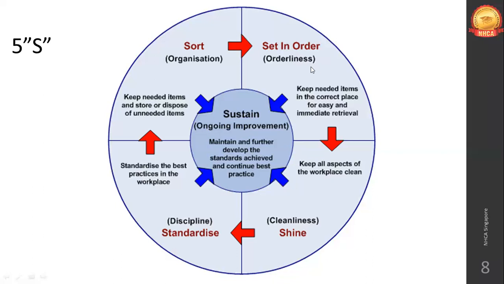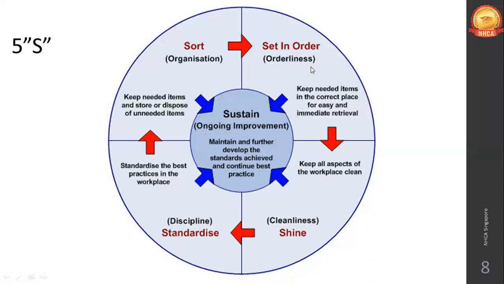Next is set in order. So now you are left with only the files that you actually require. In the past 3 years, however many inpatients you had, only those files are remaining with you. But again, you have to set them in order, year wise, month wise, date of admission wise.